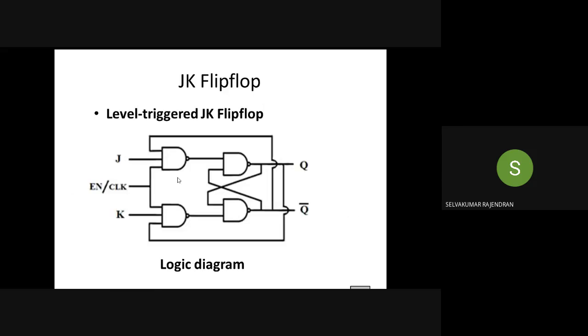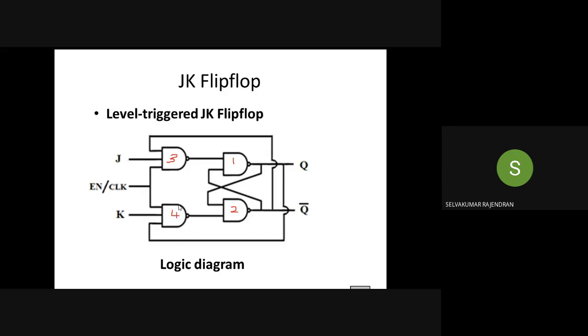So this is the schematic, or logic diagram, of level triggered JK flip-flop. Same structure, but the modification is here. You can observe that this is the input NAND gates: 1, 2, 3, 4.